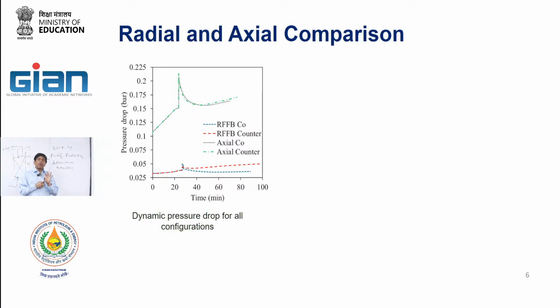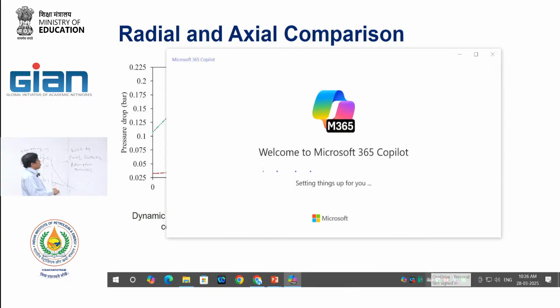It's way lower. Even though this may not look like a very big pressure difference, when you consider the massive flue gas flow rate, there is a big difference in the power requirement based on this pressure drop. So you generally try to keep it very small. So this is a very big difference here.